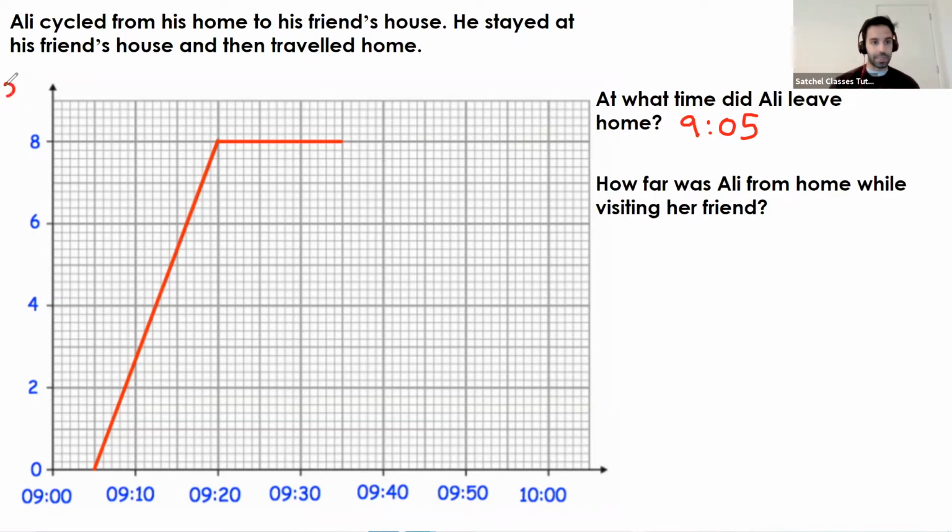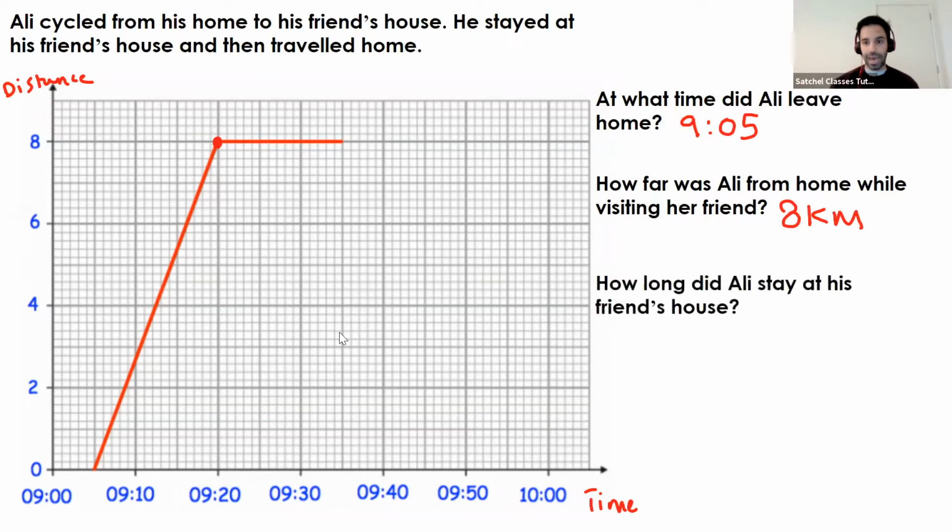So this is going to be distance on the y-axis and time on the x-axis. And this is the point where Ali must have arrived at his friend's house and he stayed there for some time. So when he arrived at his friend's house, he was 8 kilometers away from his house. So that's going to be 8 kilometers.